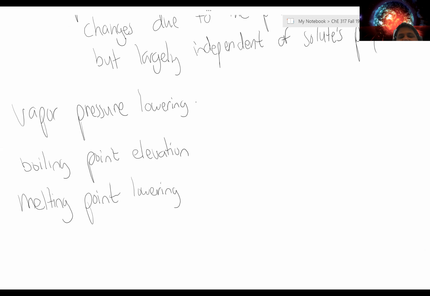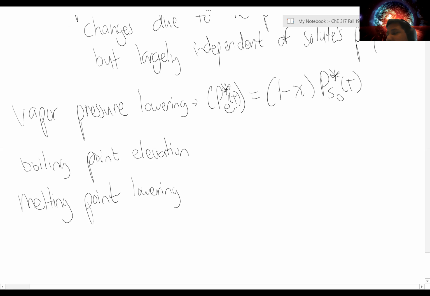And so we can calculate the effective vapor pressure of a solution, or P star E, as 1 minus X times P star naught, where P star naught would be the vapor pressure without any solute present. These are both functions of temperature. And X is the mole fraction, or excuse me, the weight fraction.